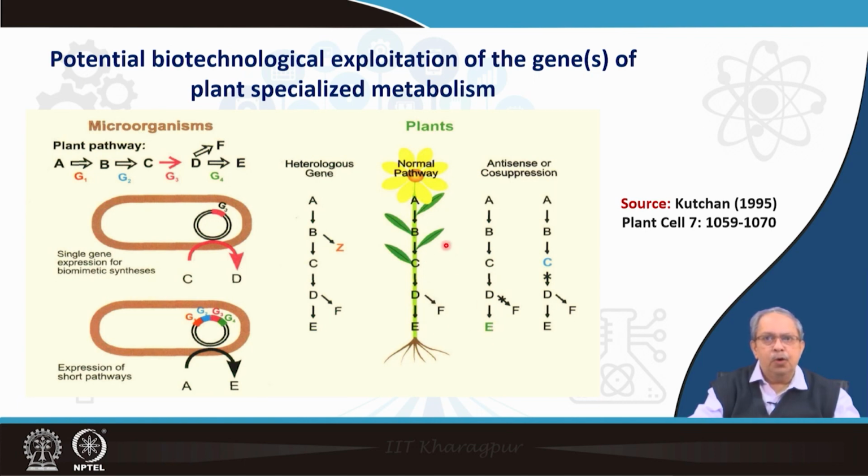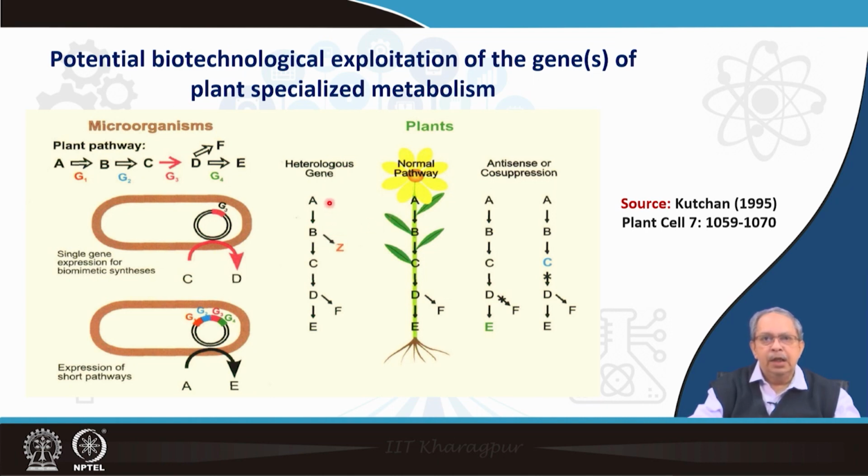Now, it is also possible to utilize this endogenous plant pathway and transfer a heterologous gene, which is non-existent in the plant, and as a result of its expression it can produce a new compound, provided that the substrate of that enzyme, the heterologous enzyme, must be available in the plant.